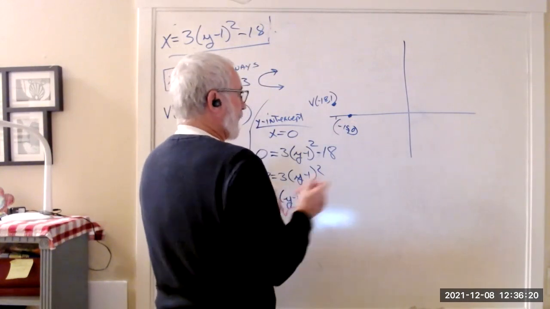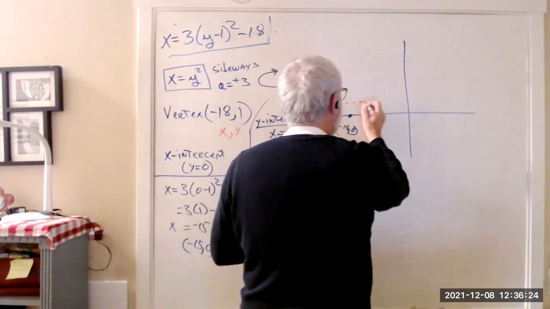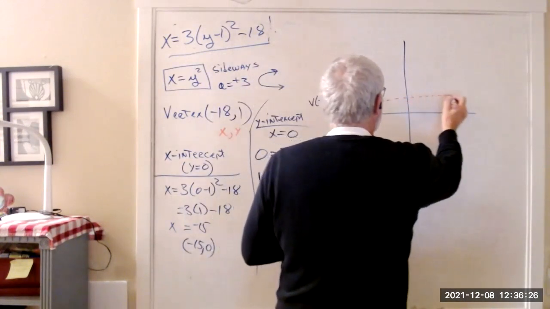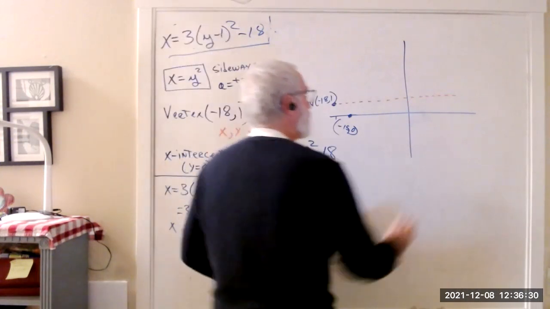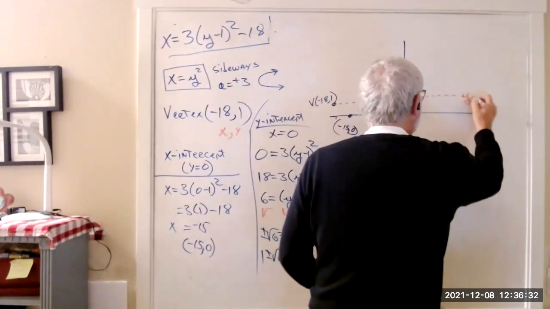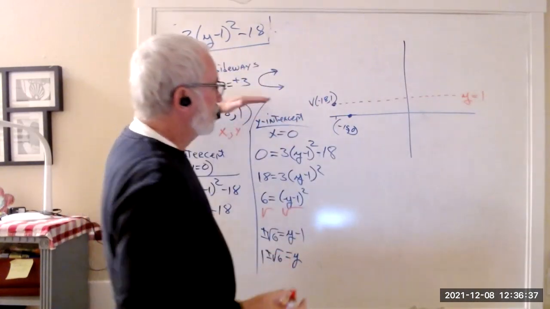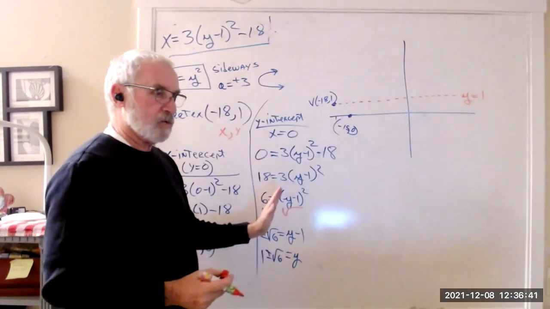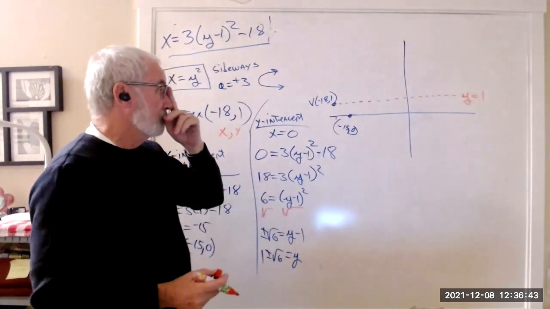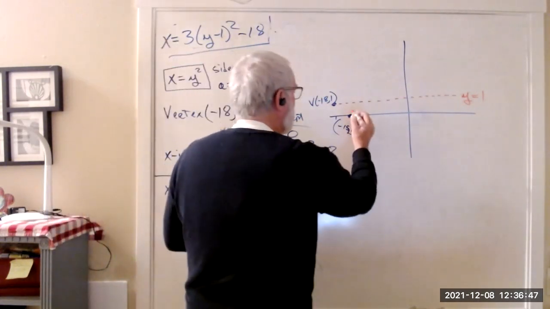The axis of symmetry goes through the center, but this time it's a horizontal line, so its equation is y equals 1. Horizontal line, y equals; when it was a vertical line, x equals. That gives me my axis of symmetry.